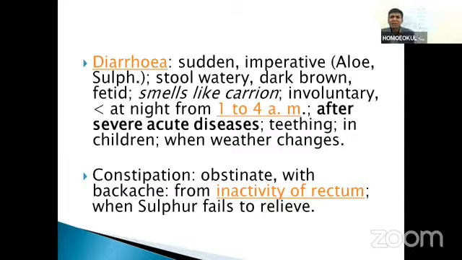Okay, like 3 p.m. aggravation, you will get in Belladonna and Apis mel. 3 a.m. and 3 p.m. aggravation you will get in Thuja. Lots of medicines. Okay, we'll discuss one by one gradually.